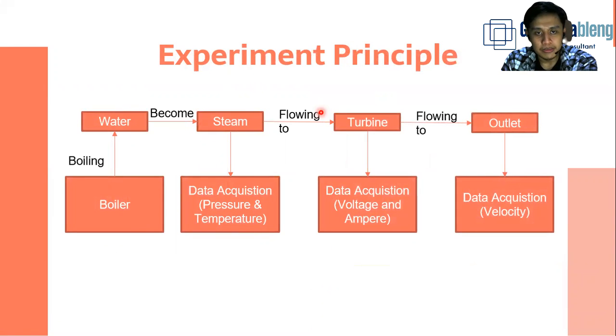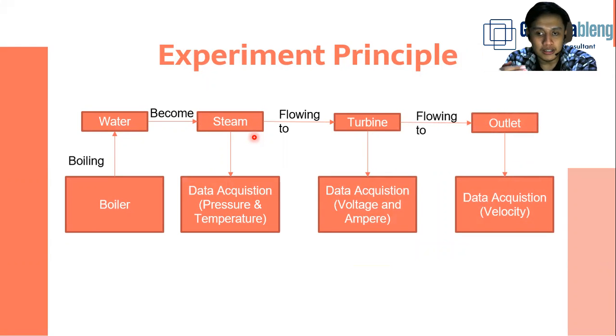How about the principle? First, the boiler will boil the water and the water becomes steam. In here, there is a data acquisition. The pressure and the temperature will be measured for the steam before the turbine, and then the steam will flow to the turbine, and the turbine will convert it to electricity, right?